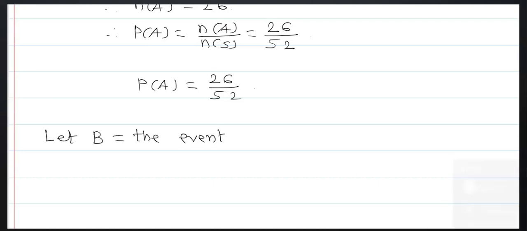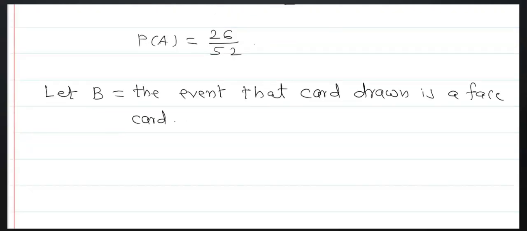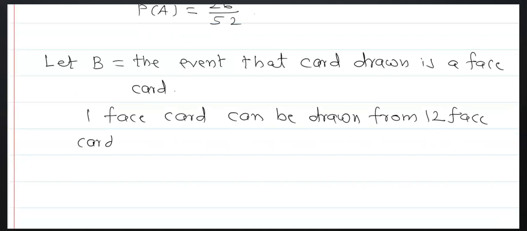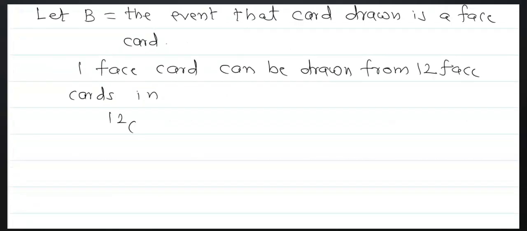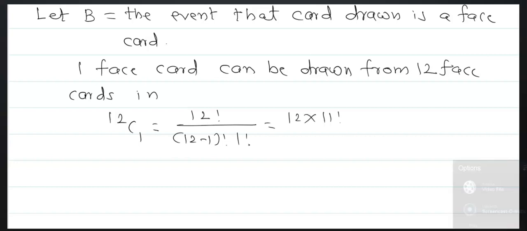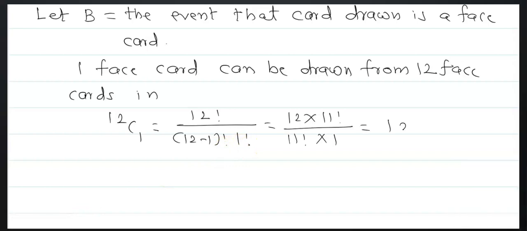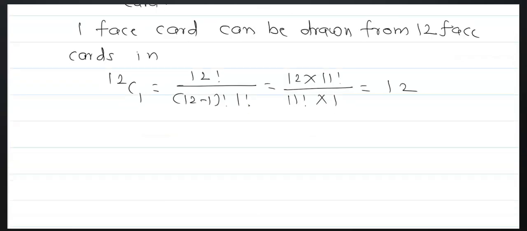Now next, B, the event that the card drawn is a face card. Now one face card can be drawn from 12 face cards in 12C1 ways, that is 12 factorial upon 12 minus 1 factorial into 1 factorial, and overall that is equal to 12.